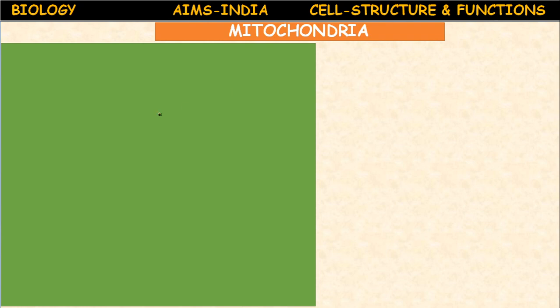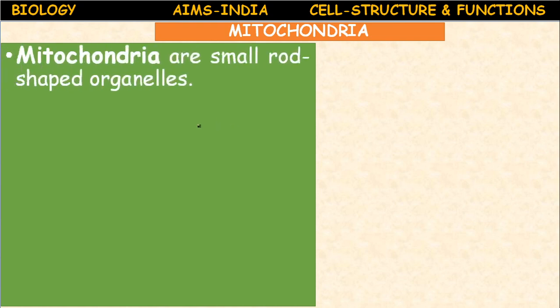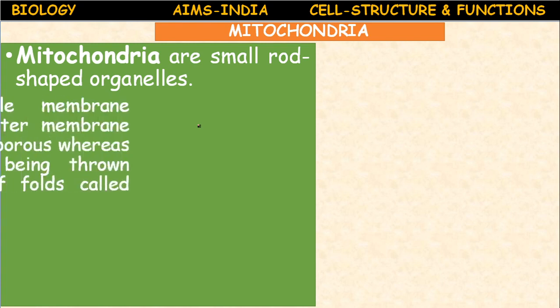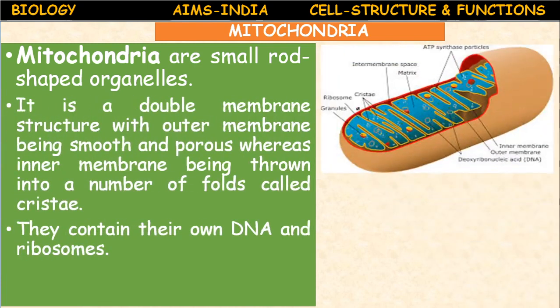Onion peel. Make a fresh solution of Janus green B in a beaker by dissolving 200 milligrams of Janus green in 100 ml of water. Take a watch glass, pour some solution, put the onion peel in that solution and keep it for about half an hour.